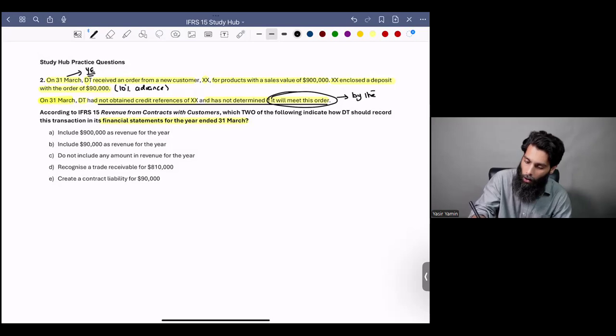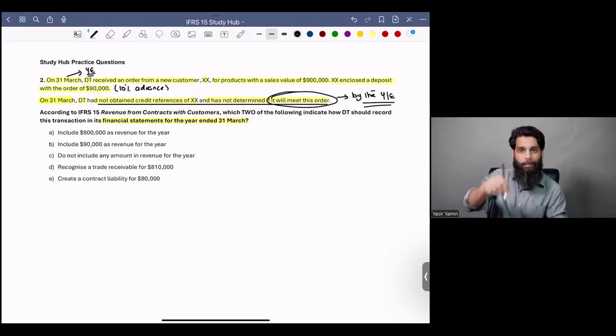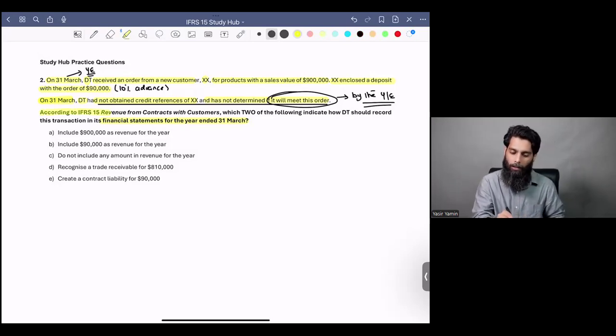You received a contract from your customer at the last date of the year, but you have not fulfilled it yet. Now, the question says, according to IFRS 15, which two of the following would indicate how this transaction should be recognized in the financial statements for the year ended 31st March? You have 5 options available and any 2 are correct.